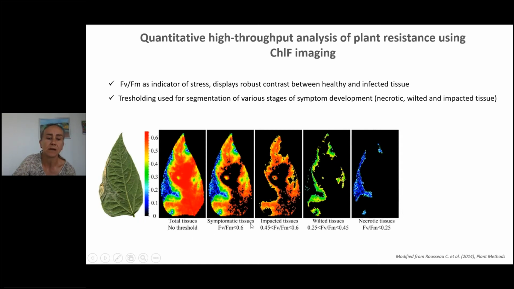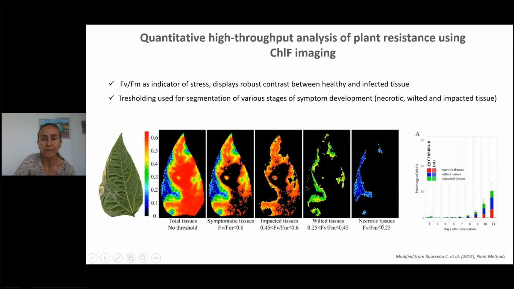And we can classify the FV/FM values, threshold them, and use them for the segmentation and characterization of the different types of tissues and the symptoms of the stress response. So clearly differentiate between the symptomatic, impacted, wilted, or necrotic tissue. And this can be then classified over the time course of the stress experiment, so days after inoculation.